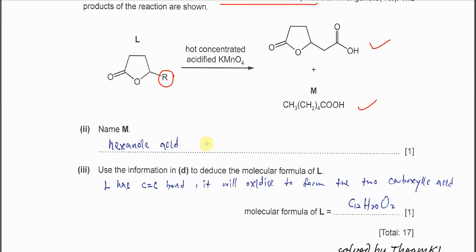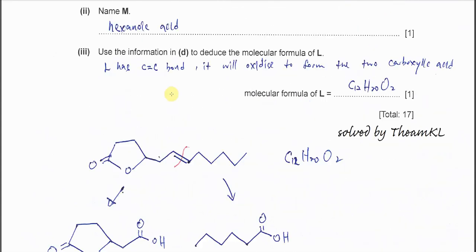So this is the R group, and the products formed are these two, and this R group must have a C=C double bond. Since a carboxylic acid forms here, we know that here it must be 2 carbons.